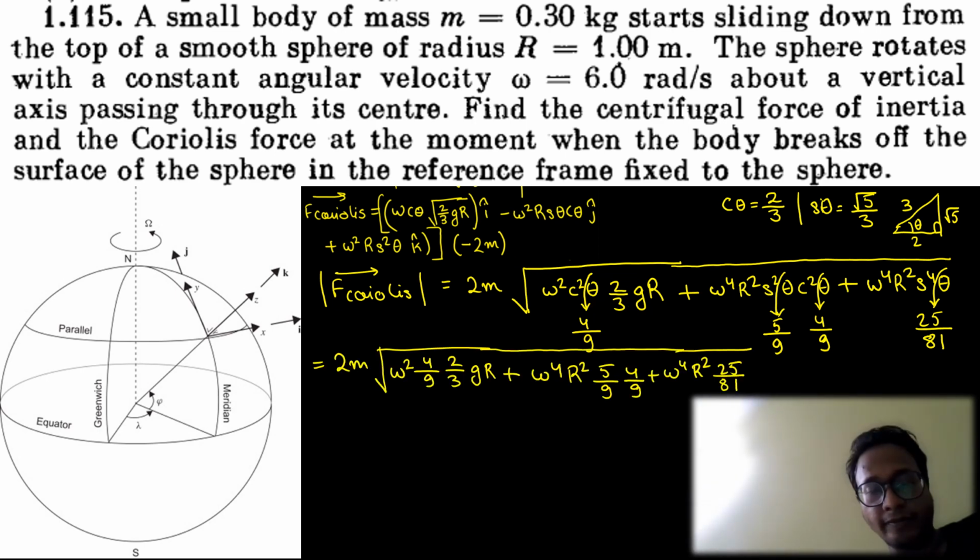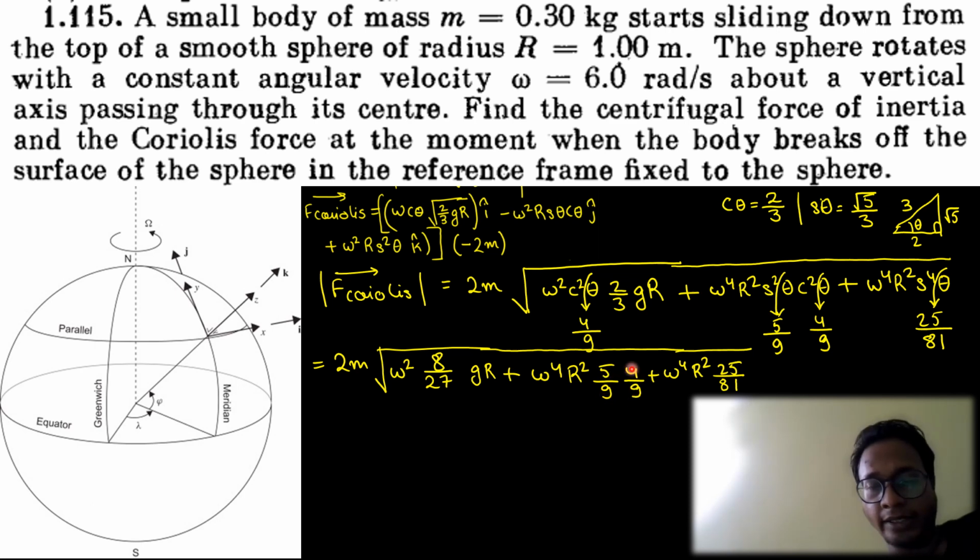See this one. Now if we expand this one, or if I substitute the value of cos theta, sin theta out here, we get this value. Now see, 4 2s are 8, 9 3s are 27. So this would become 8 by 27. Similarly out here, 5 4s are 20, 9 9s are 81.